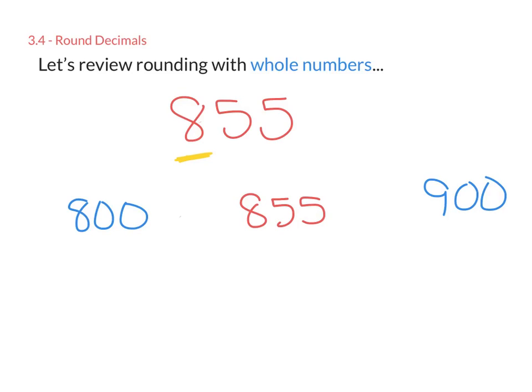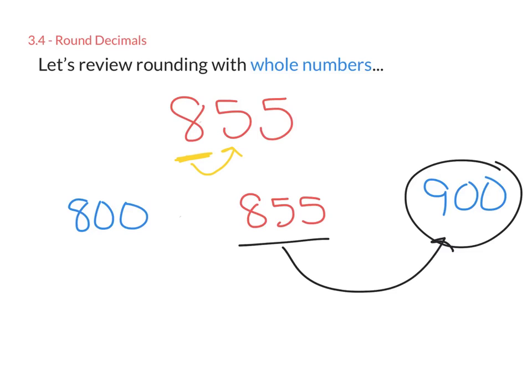So we have to decide, is it closer to 800 or is it closer to 900? We're going to look one digit to the right. One digit to the right, we have a 5. That 5 tells us we need to round up. So 855 rounds up to 900. It's closer to 900 than it is to 800. So that's a quick review of rounding with whole numbers.